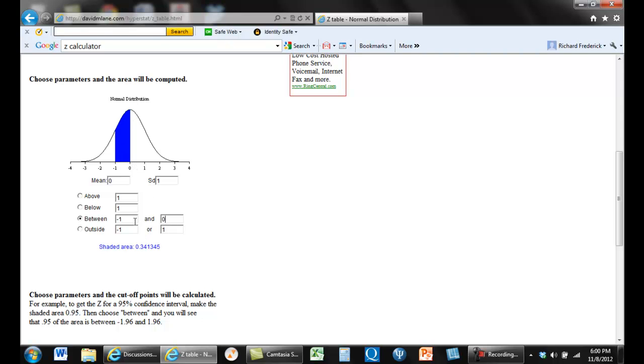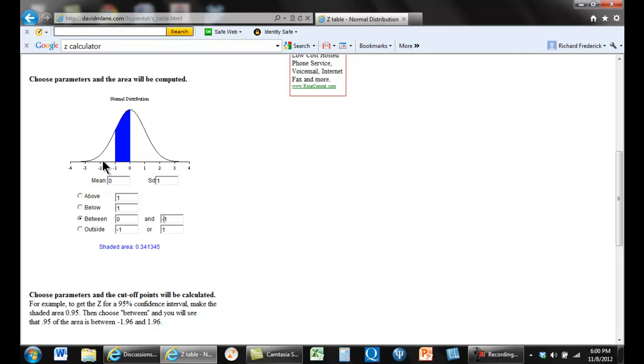These are values that we just know. From the mean to 1 standard deviation above the mean is 34.13%. From the mean to 1 standard deviation below the mean is 34.13%.